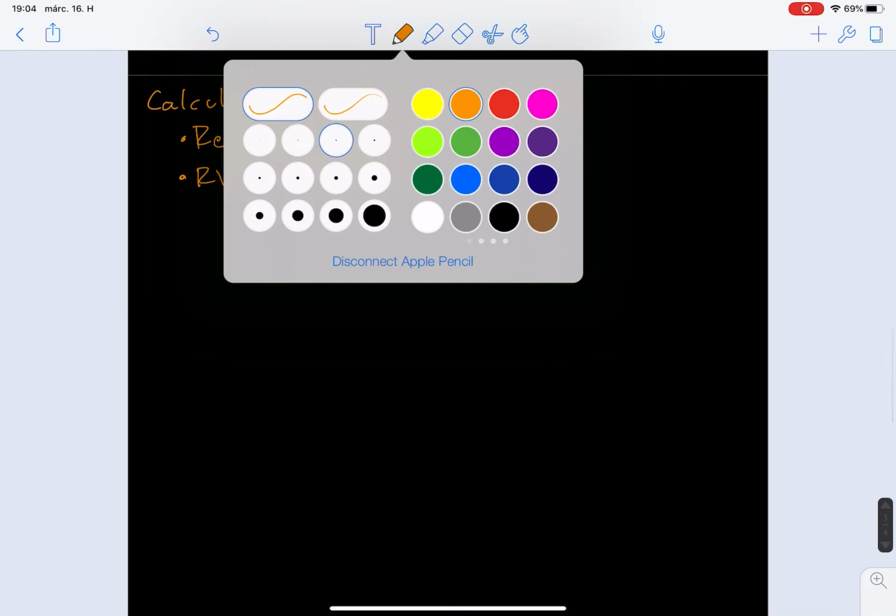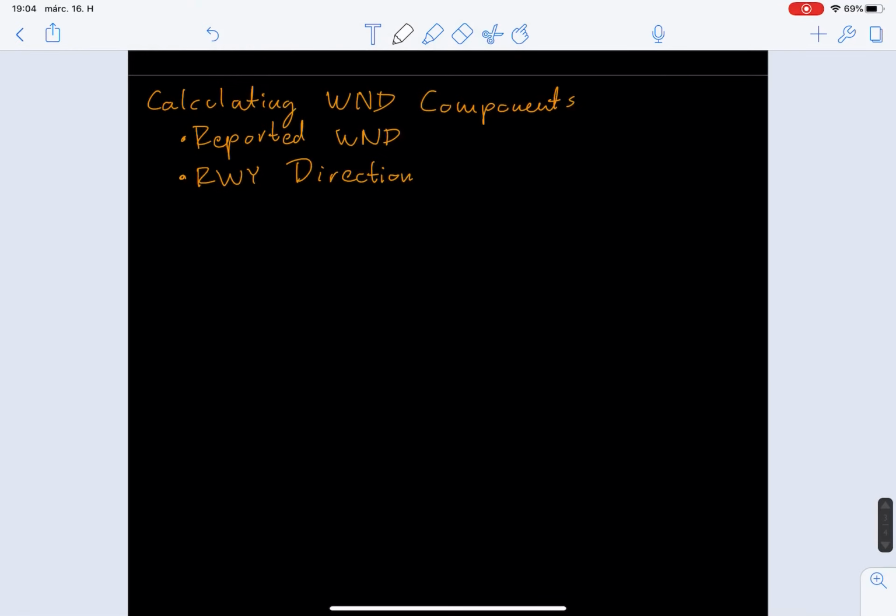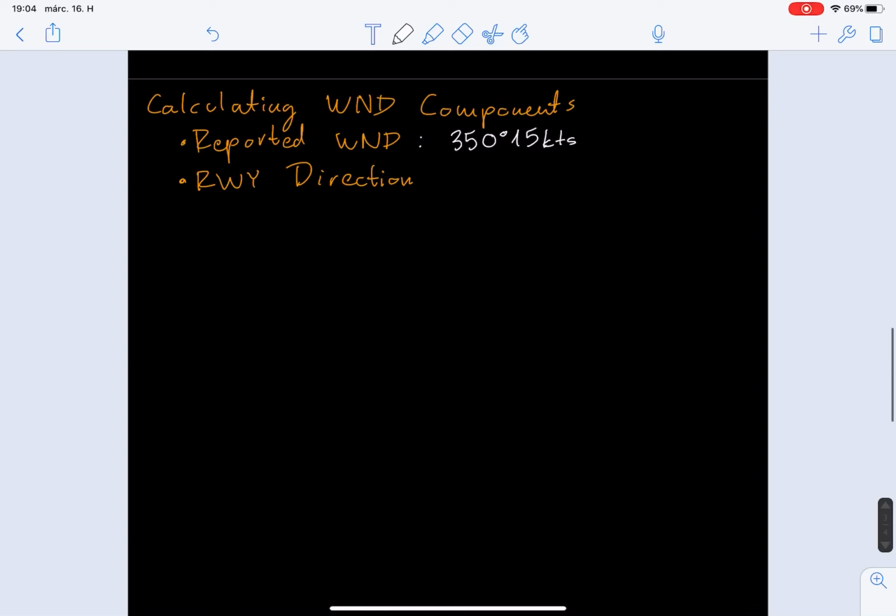Usually in the reported wind, let's say in the example, they're going to say wind is 350 degrees, 15 knots, and the runway direction is, or they're going to say you're taking off from runway 31 left. Okay, so what does it all mean?